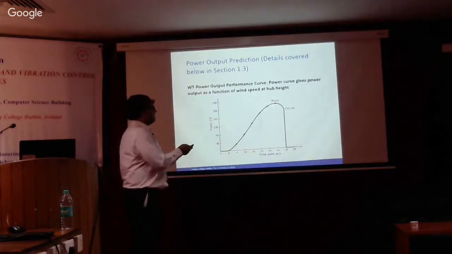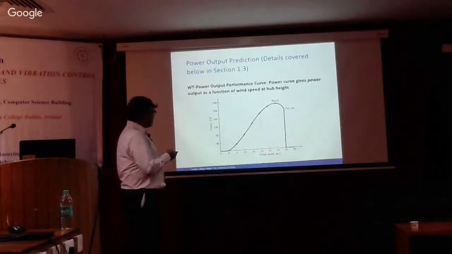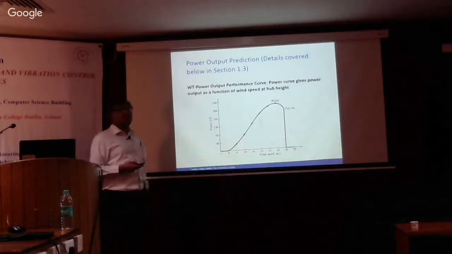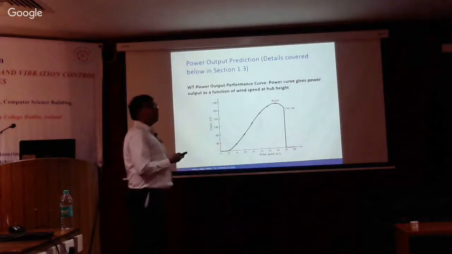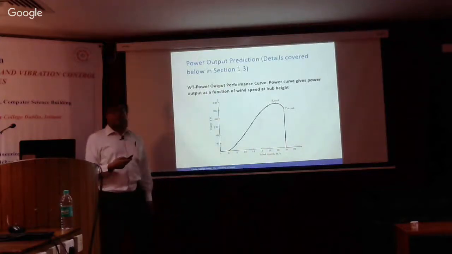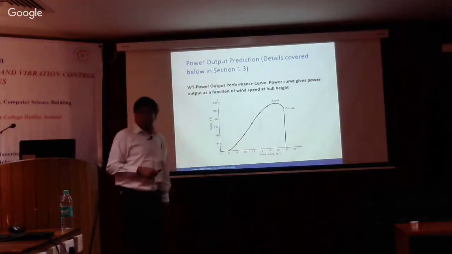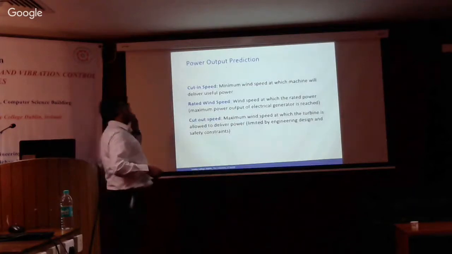So the rated power is determined by the generator rating. The cut-in speed is mainly determined by the overall machine specifications. And then the cutout speed is beyond which no power is generated or allowed to be generated. And that's determined by what is actually acceptable in terms of operation of the machinery. So safe operation is basically the guiding criteria for this. And these are the three definitions.